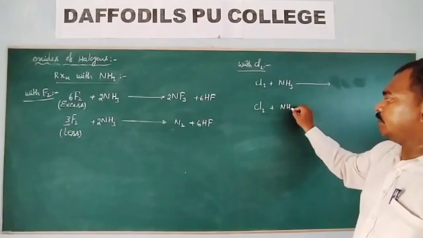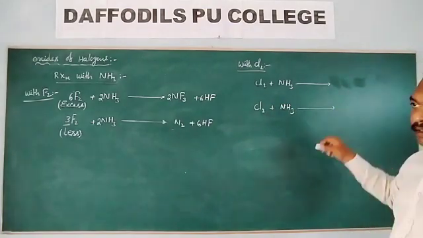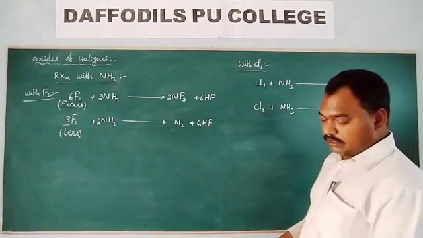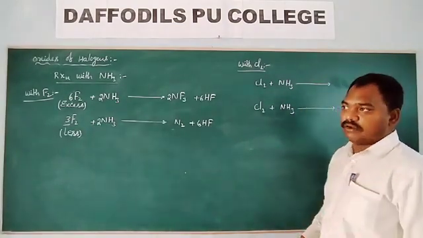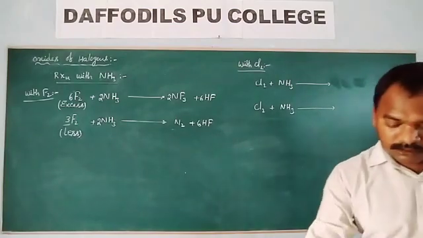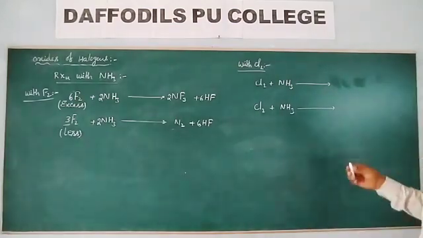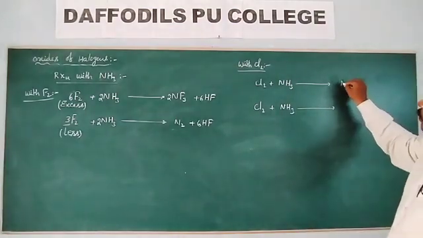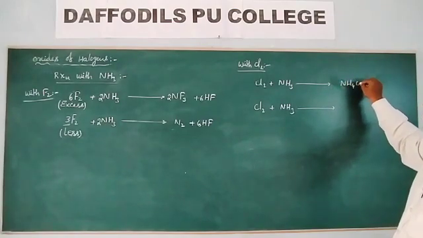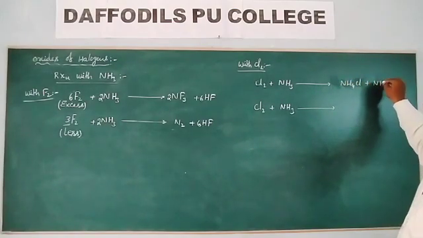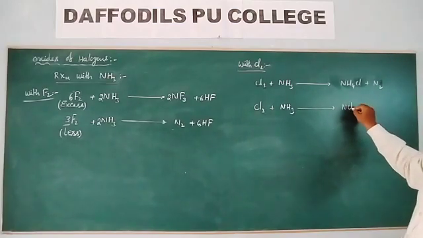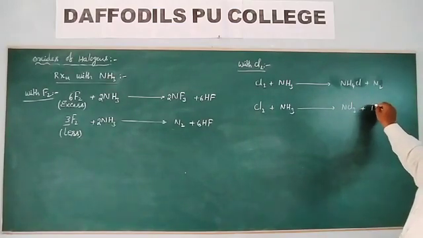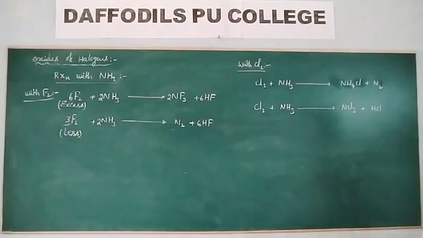Chlorine is going to react with ammonia in two different ways. One is you will get NH4Cl and N2. In another way of reaction, you will get NCl3 and HCl. Now balance the equations.